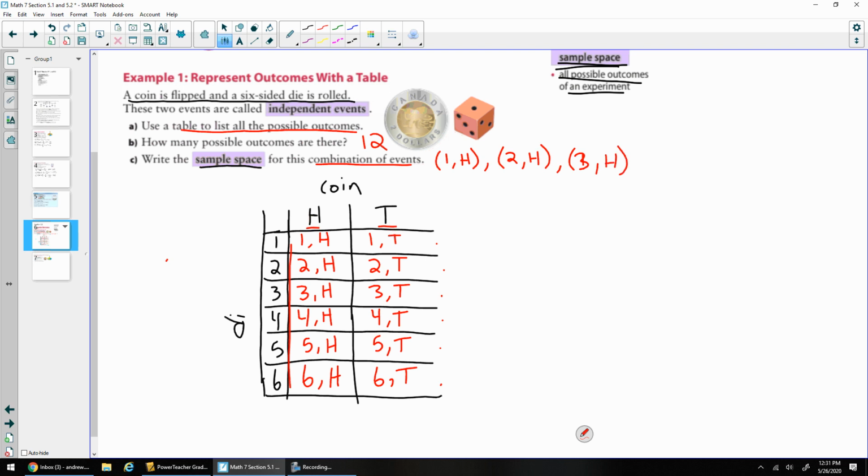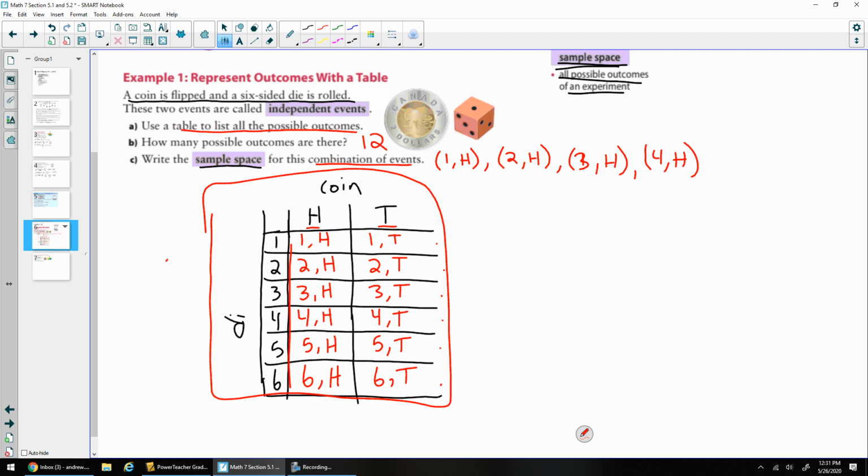You could have a 3 and a heads. You could have a 4 and a heads. They just want you to write it out in these little ordered pairs. I'm not worried if you don't do that. I think this table shows our sample space well enough. So using the table is one way that we can find all of the outcomes of multiple events happening.